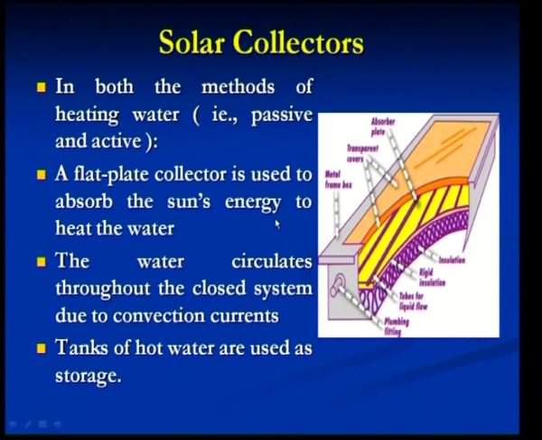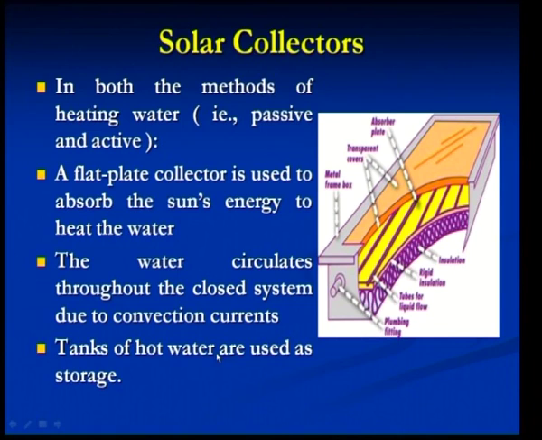In both the methods of heating water, that is in both passive as well as active methods, basically a flat plate collector or a solar collector is used in order to absorb the sun's energy to heat the water. The water then circulates throughout the closed system, and this happens due to the convection currents.